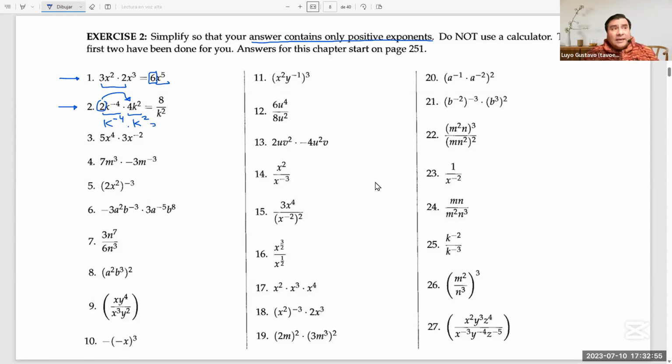This would be k up to -2. But we said that a power with a negative integer exponent can be interpreted as the inverse of the respective power with the corresponding positive exponent, 1 over k up to 2 or 1 over k squared. So multiplied by 8 would be this, right?